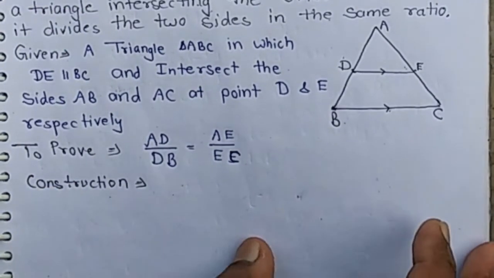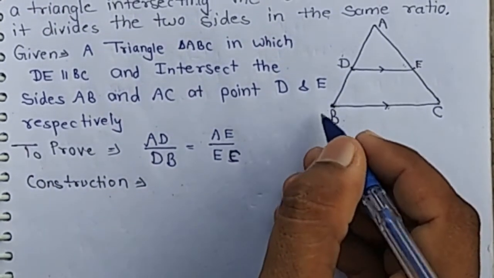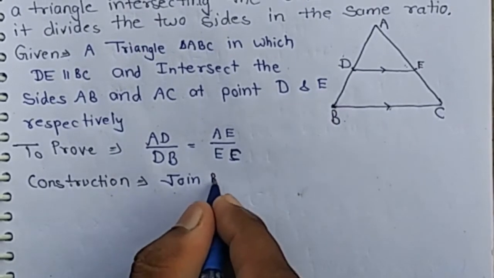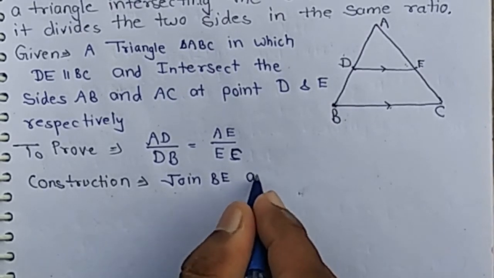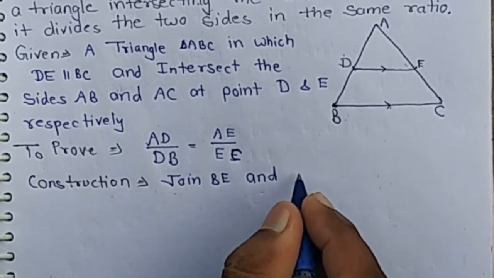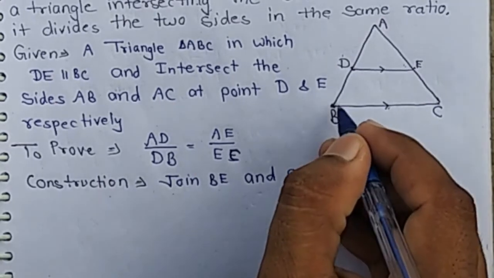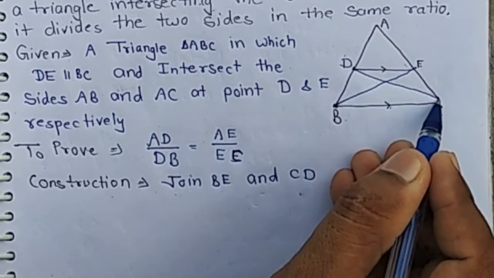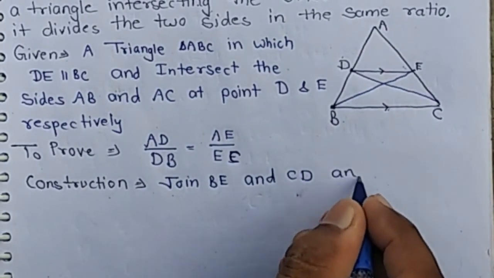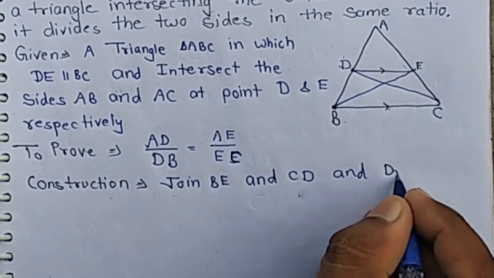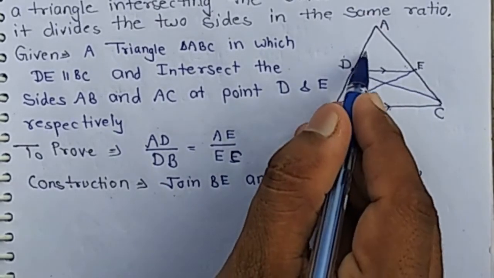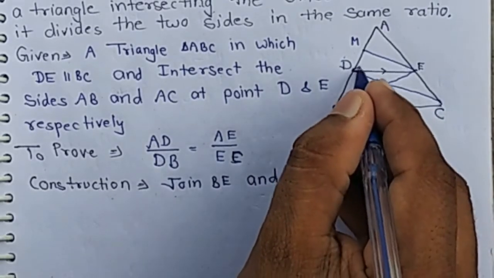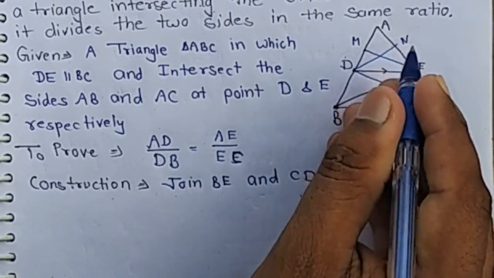Join BE and CD and draw EM perpendicular to AD and DN perpendicular to AE.